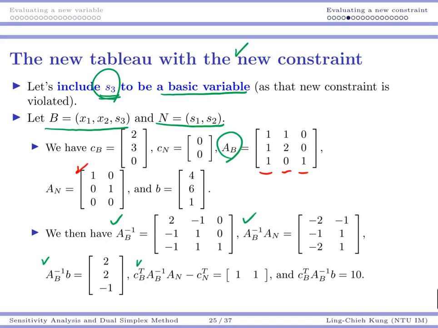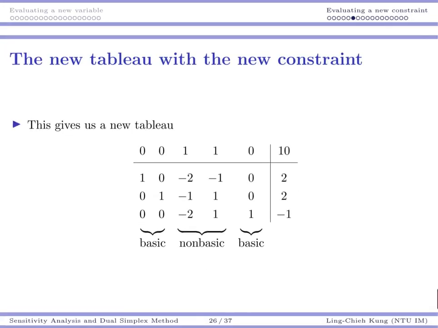So A_N, the same thing, b, C_B, C_N, whatever, it's just doing it this way to collect those numbers and put them into the right matrices. And then we may be able to calculate all the other things we need, and that gives us our new tableau. So x1 and x2 and s3, these are basic variables.